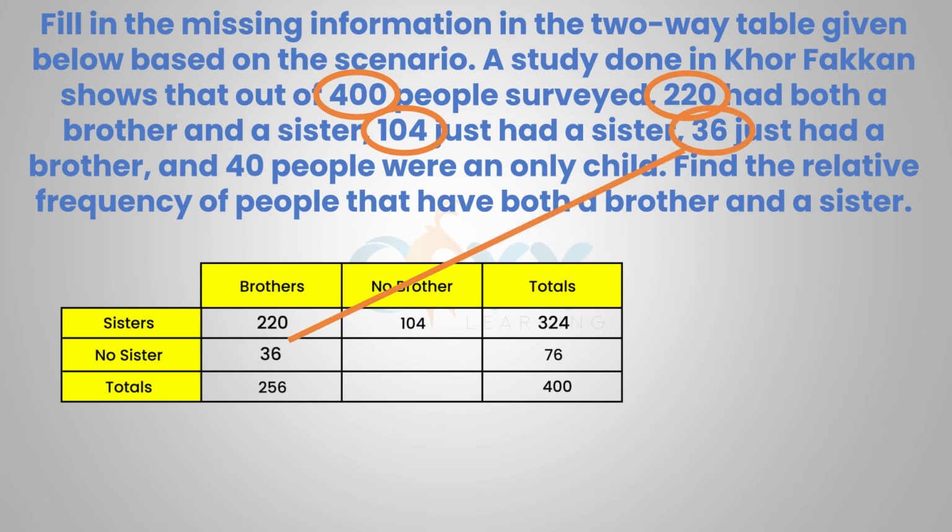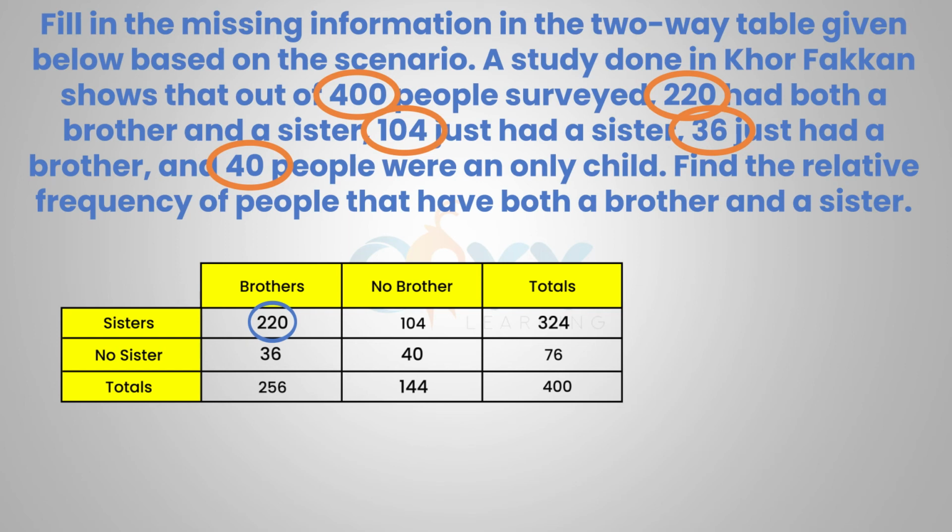So we'll put that in our table there, and 220 plus 36 does match the total below of 256. There were also 40 people that were an only child, no brother and no sister. We can add 104 plus the 40 in the no brother column to give us a total, and that total is 144.